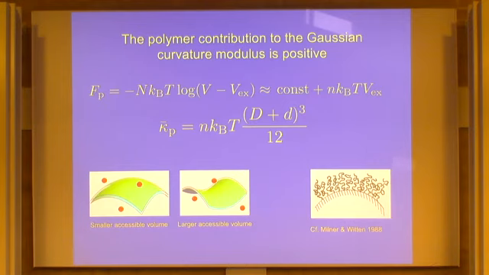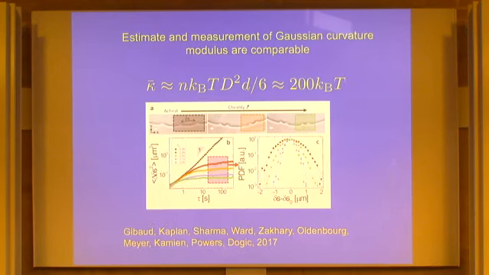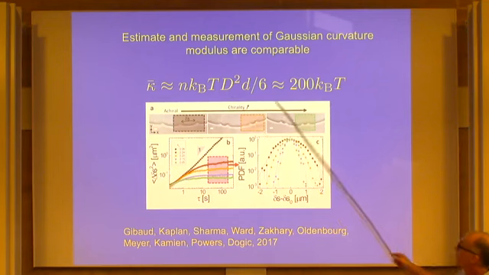So we can put these two terms together, this intrinsic and polymeric contribution, and the polymeric contribution wins. We come up with some expression for the Gaussian curvature modulus, which we estimate to be about 200 kBT. Now, of course, we would like to check this with experiments, and we're still working on this kind of thing.